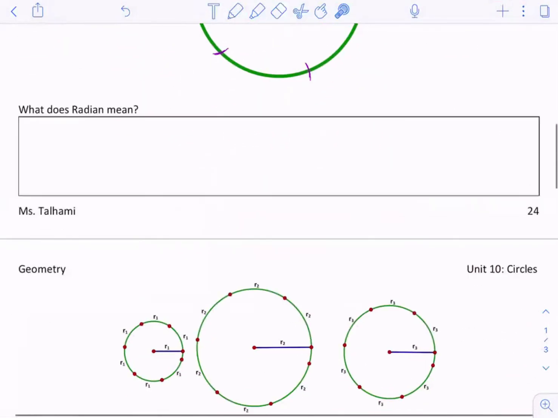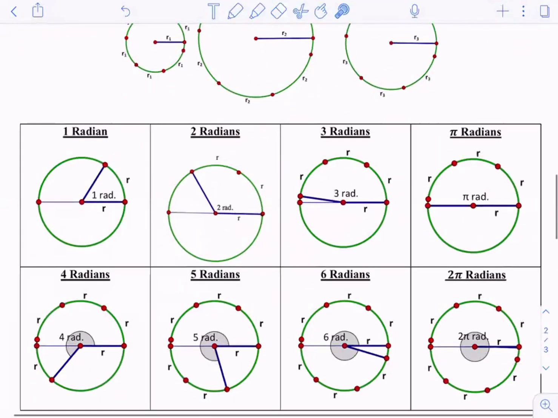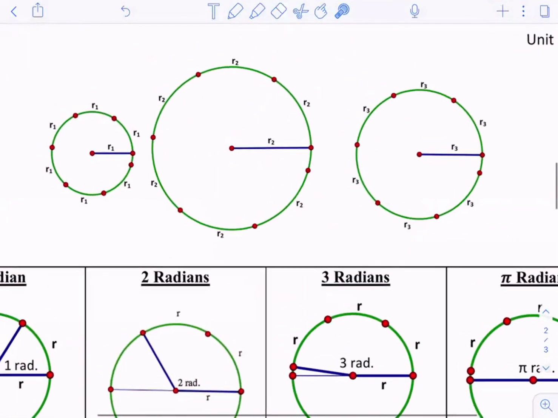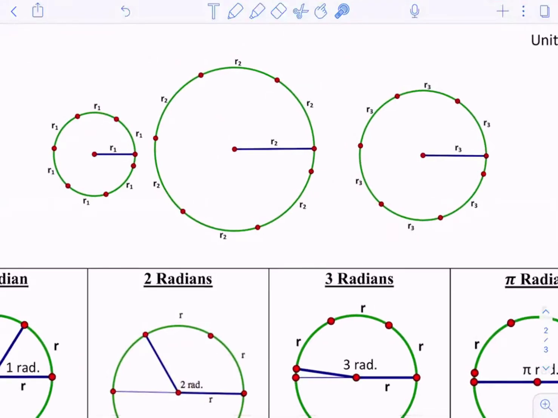And so you'll see that a little bit in these pictures right here. Something I want you to note: regardless of how big or small the circle is, the amount of radians will always be pi in 180 and 2 pi in total. Because as the circle gets bigger, the radius gets bigger, and as the circle gets smaller, the radius is smaller.